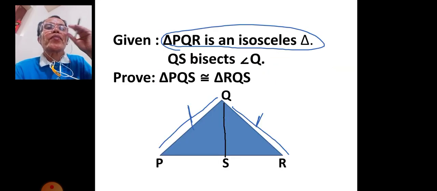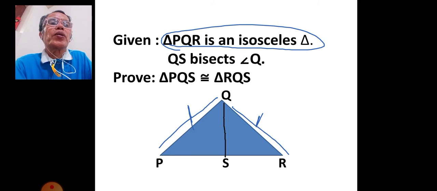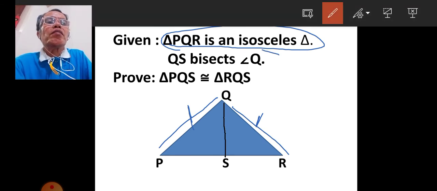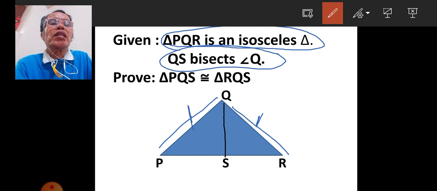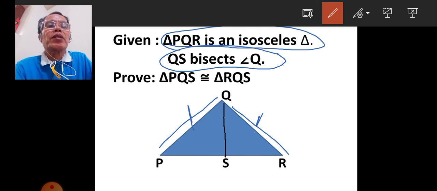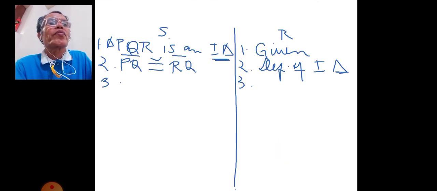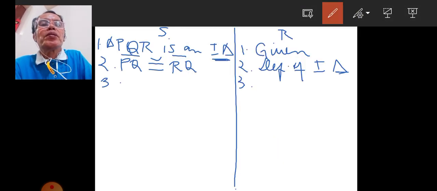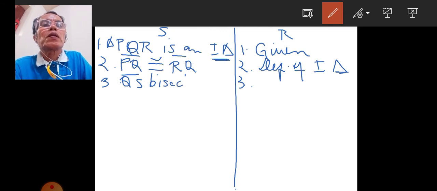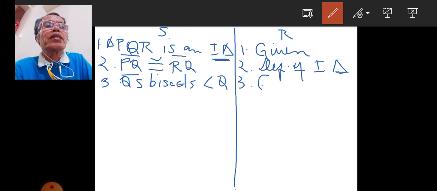We have QS bisects angle Q. So our next statement is segment QS bisects angle Q. QS bisects angle Q into two congruent angles. So segment QS bisects angle Q. So that is given.